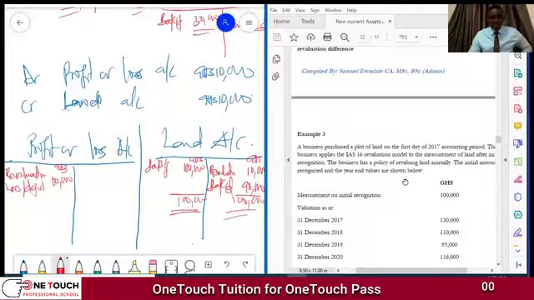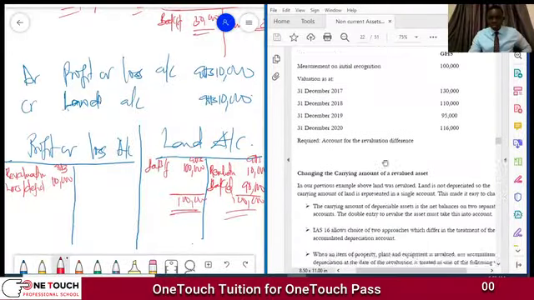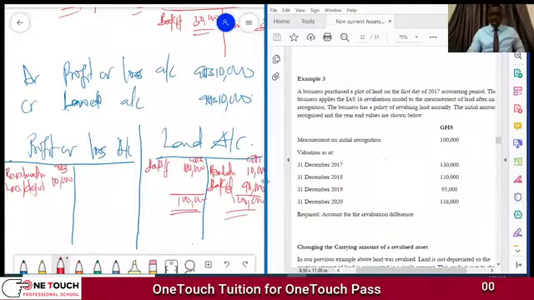All right, so let's look at this example. This is a more detailed one, and look at how that will be done.